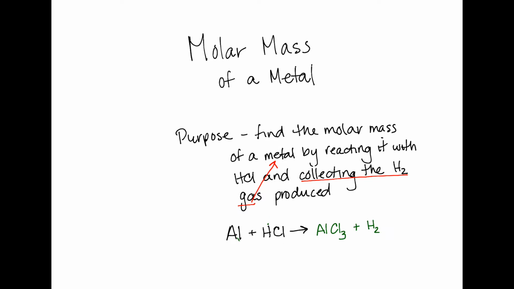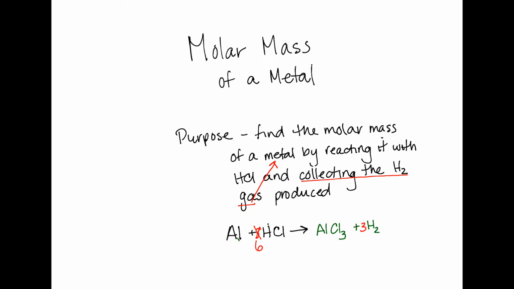So I have my chemical reaction, but it's not balanced yet. To balance it, it looks like I would need to put more chloride. So I'm going to put a 3 here first, but then if I put a 3 here to balance out the hydrogens, that gives me 6 hydrogens. So I think that has to be a 6.